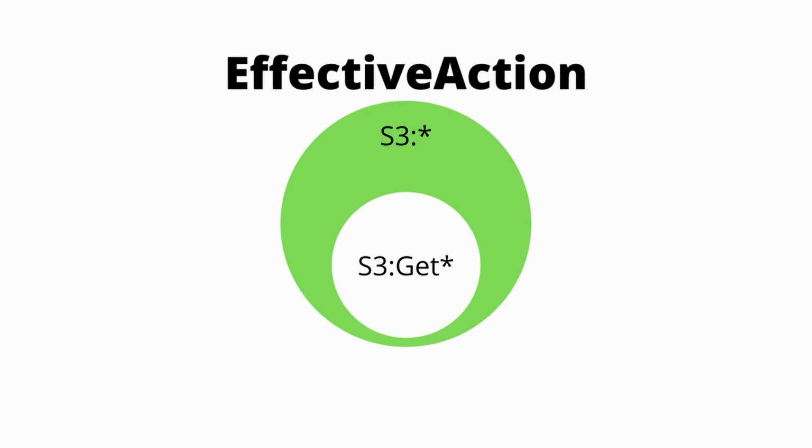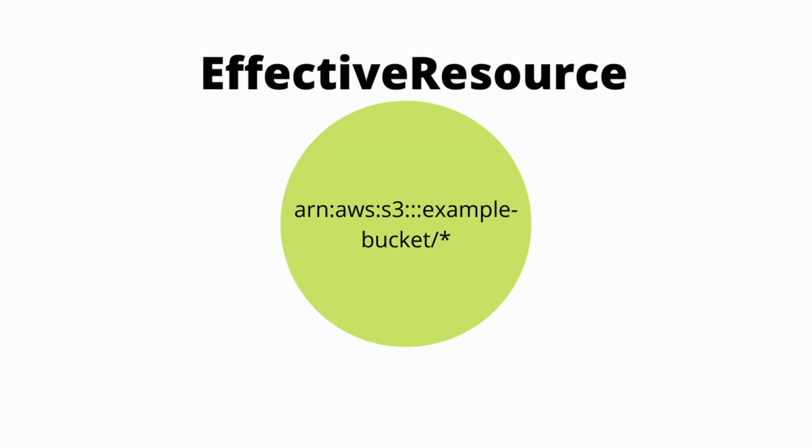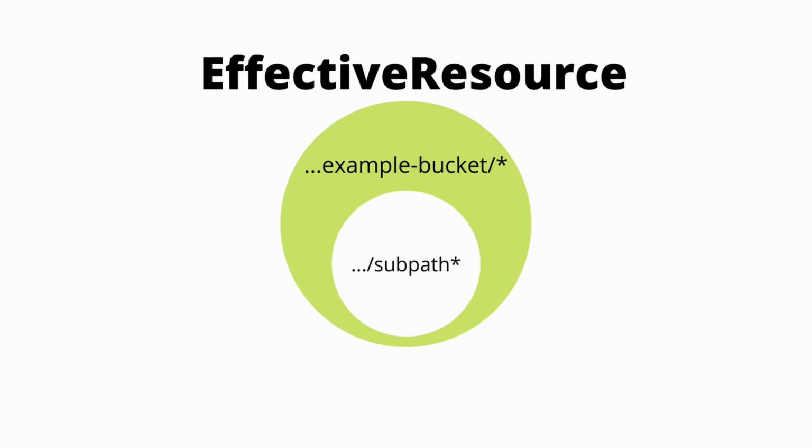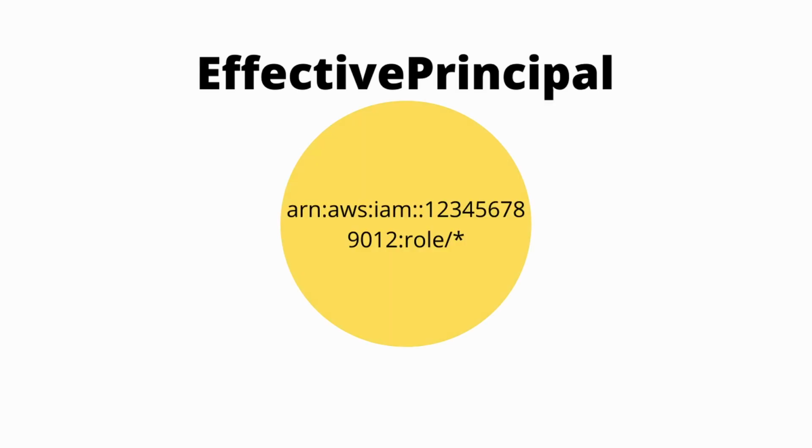And today I'd like to talk about effective conditions, as they vary quite significantly from how effective actions work. Before we do, I'll just briefly run through effective resources, because they work in a very similar fashion to effective actions. They can similarly be thought of as Venn diagrams with a hole punched out. So here, for example, you can see that we've got an effective resource that is an ARN of a bucket, and it includes all of the objects in the bucket apart from the objects with a particular subpath.